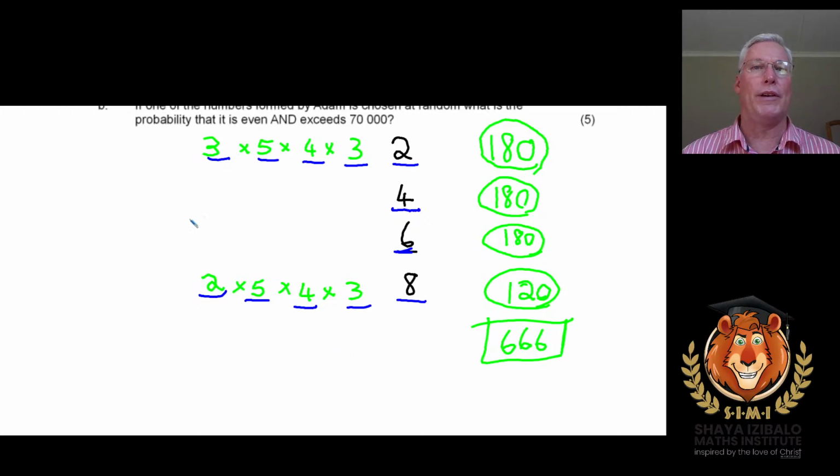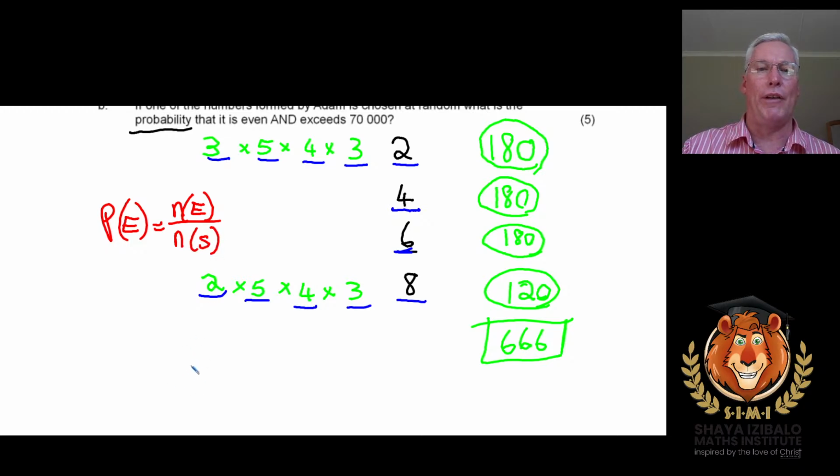Now, we have not finished the question because the question talks about a probability. And lo and behold, that formula that I keep saying is a little bit unnecessary, but we end up using it all the time. The probability of getting such a number is the number of them that exist over the total number of things that can happen.